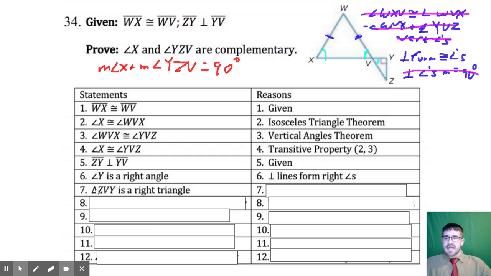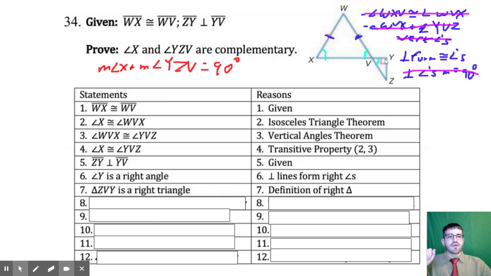So we're also going to say that triangle ZVY is a right triangle, and that's just by the definition of a right triangle. Okay, so we have an angle. Maybe we can show something with the segment and the hypotenuse. We don't know. Right now, we're looking for anything that we can get. We're trying to get a foothold. We're trying to find some kind of measure for angle YZV right here.